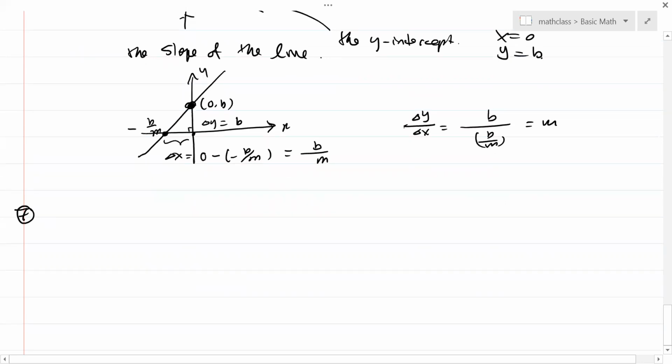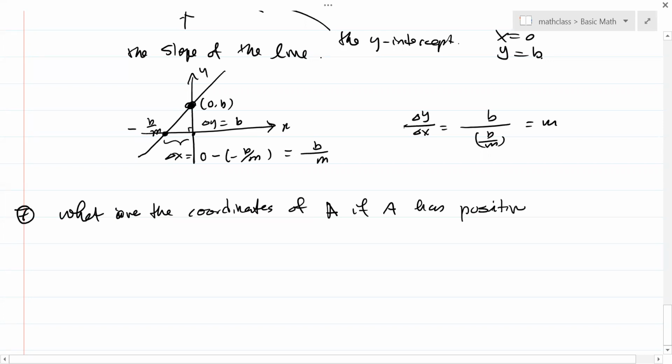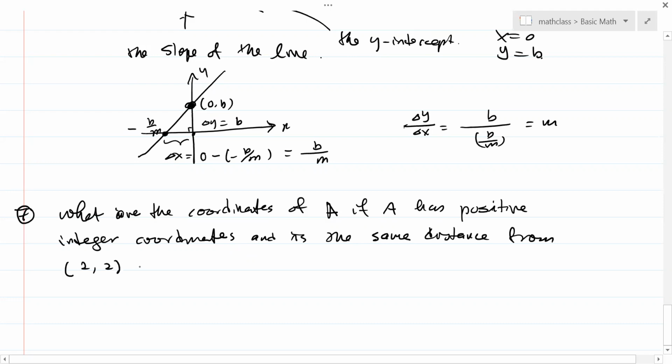It asks: what are the coordinates of the point A if A has positive integer coordinates and is the same distance from the origin as the point (2, 2) is from the origin?